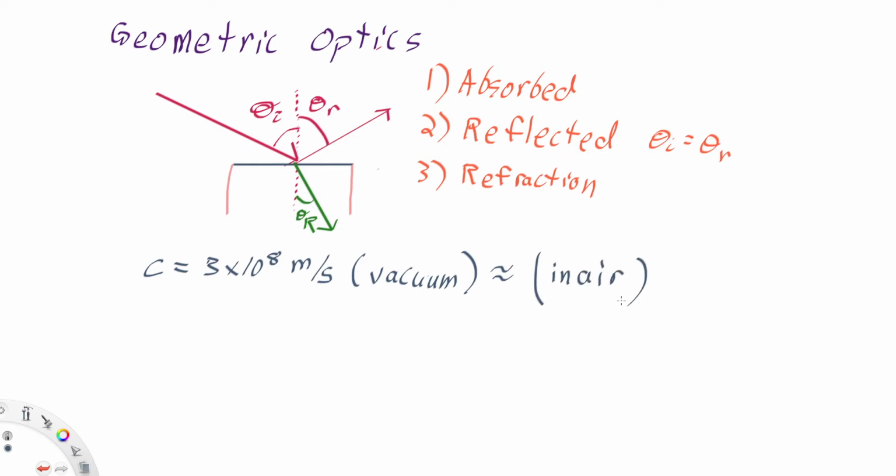So for visible light, our atmosphere doesn't provide much of a barrier. So the speed of light in a vacuum, speed of light in our atmosphere, basically the same, 3 times 10 to the 8. Some materials do provide more of a barrier to light.